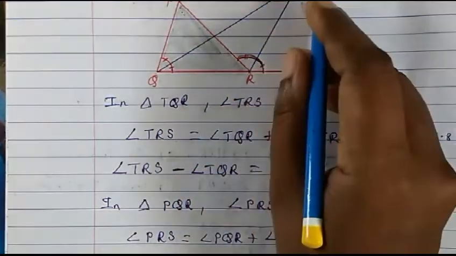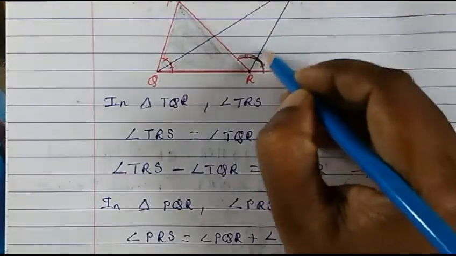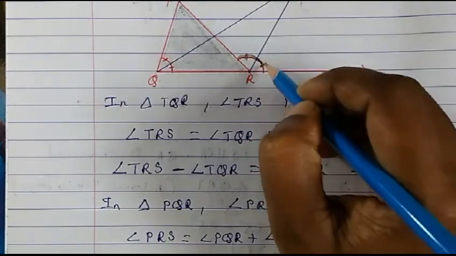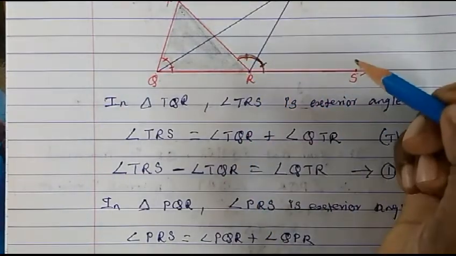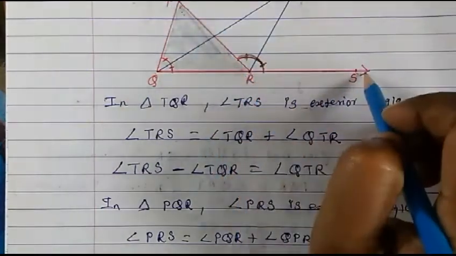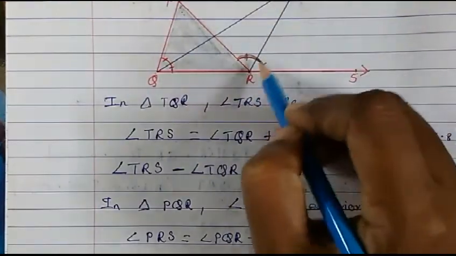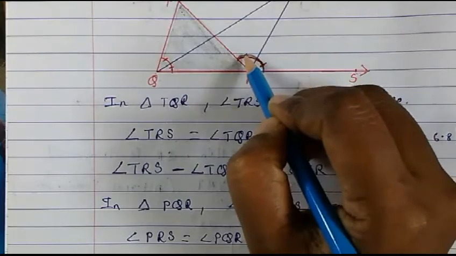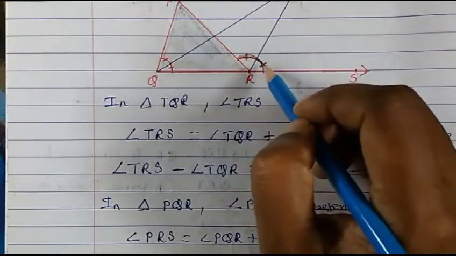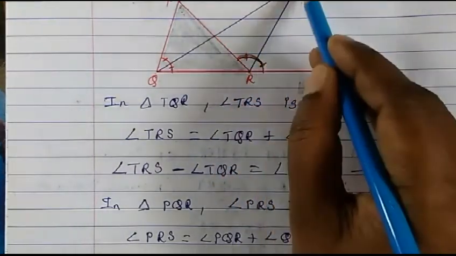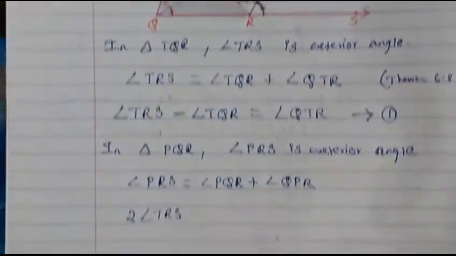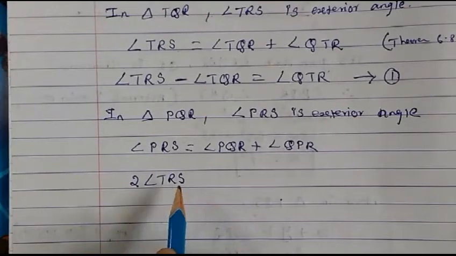In the question we know that it is a bisector. So if this is the bisector, both the angles are equally divided into halves. So that means PRS is equal to 2 times TRS, because this is equally divided. Can we write so? That's what we have written, 2 times TRS.